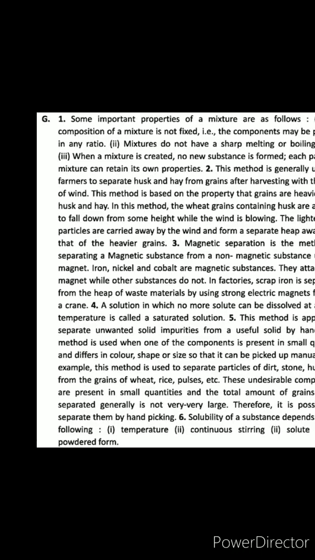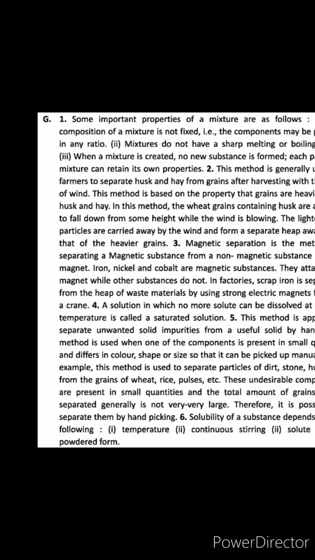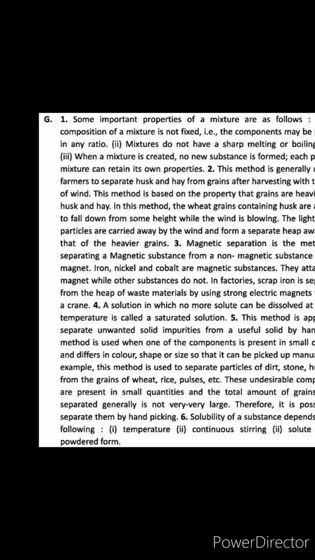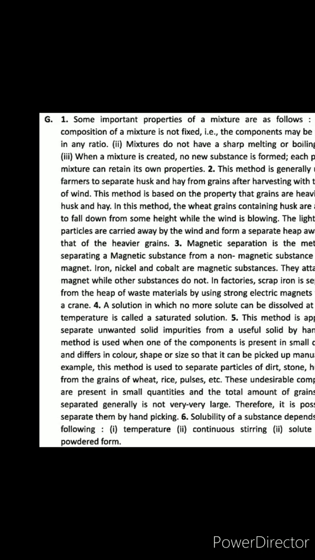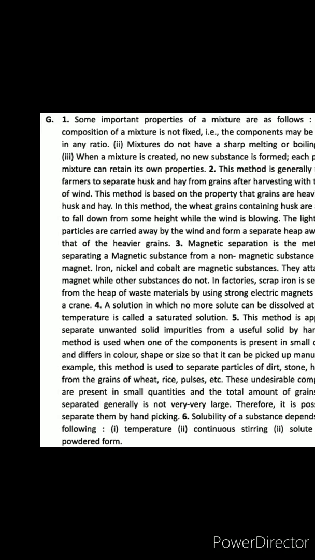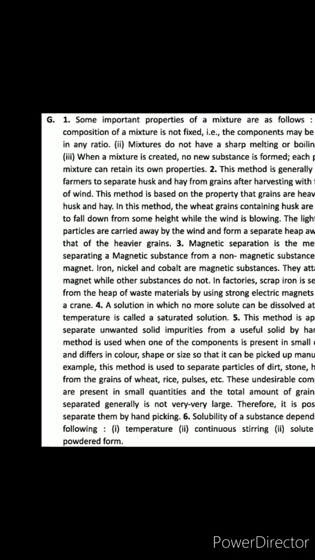For example, all elements and chemical compounds are pure substances. And mixtures consist of two or more types of particles. For example, a sugar solution is a mixture of sugar and water.